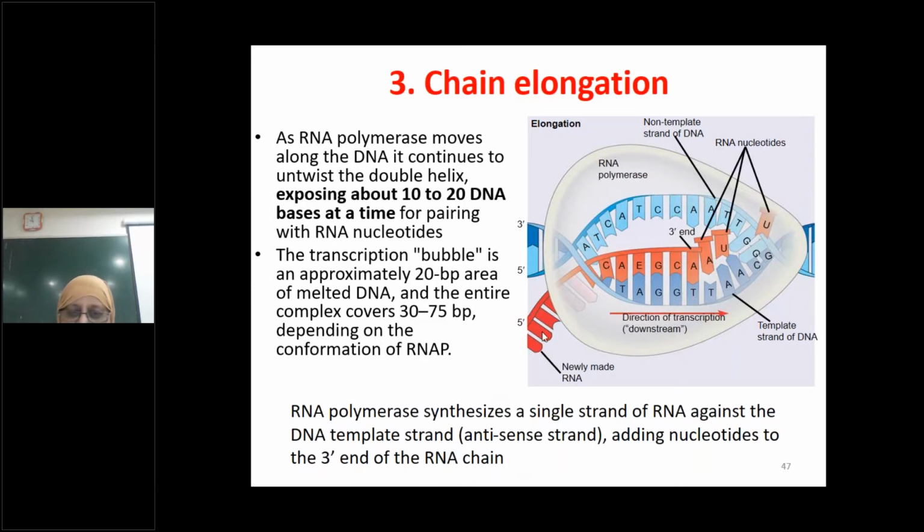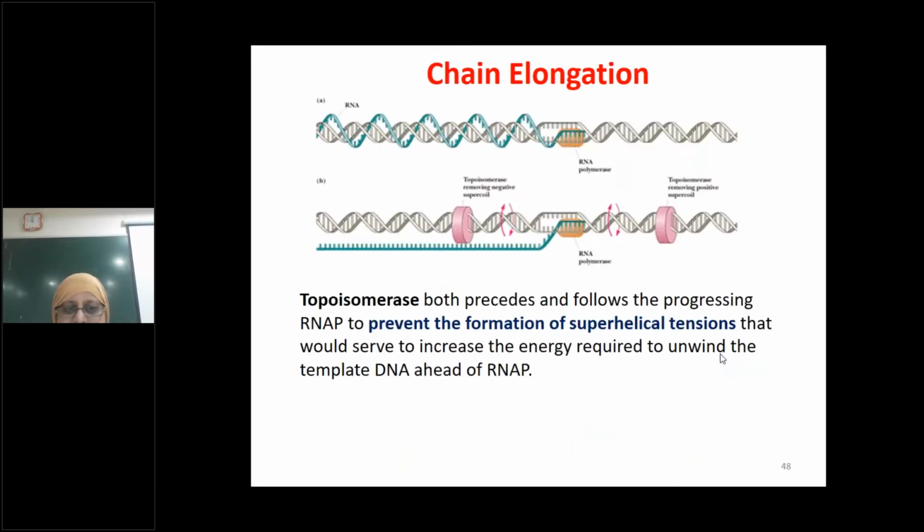You can see that this newly made RNA strand grows as the RNA polymerase moves on. Once it completes these 10 to 20 nucleotides, again it will move on to the next part of the DNA. This part will rewind, then the next part of the DNA will unwind. Topoisomerases are also present to participate in the transcription process.